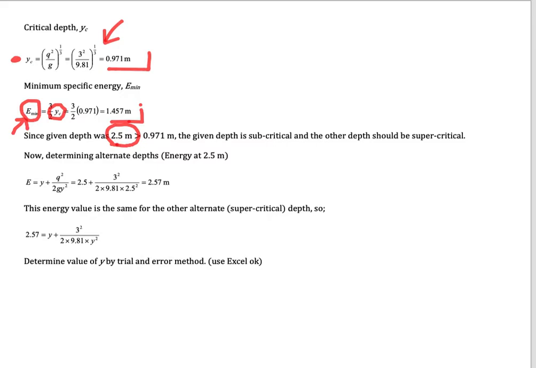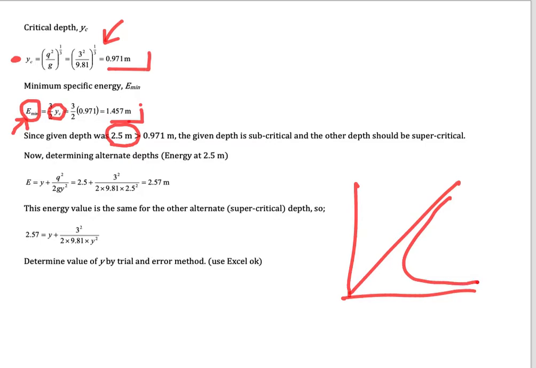We found that 2.5 meter is greater than 0.971. So in the graph, we have the specific energy curve, and this is the critical, which is 0.971. And the location at 2.5 is here.